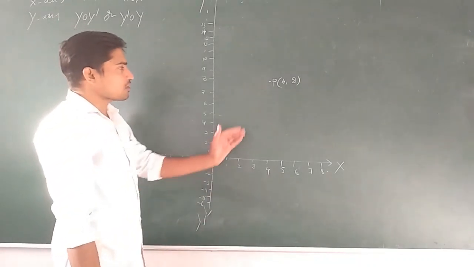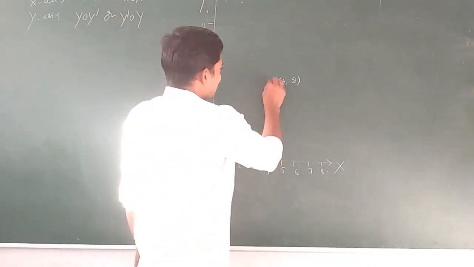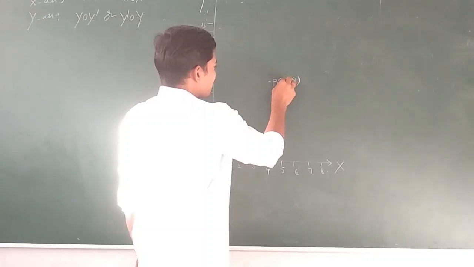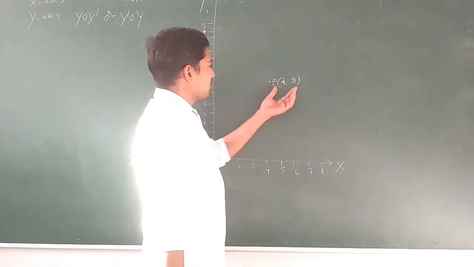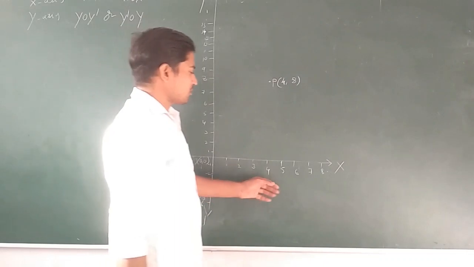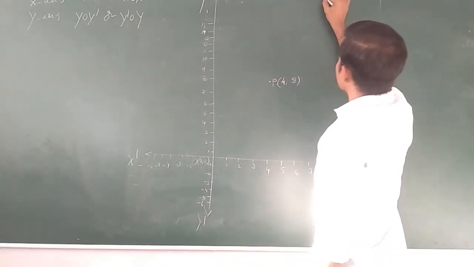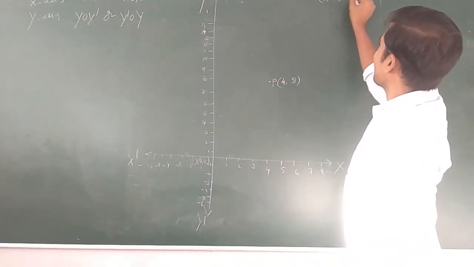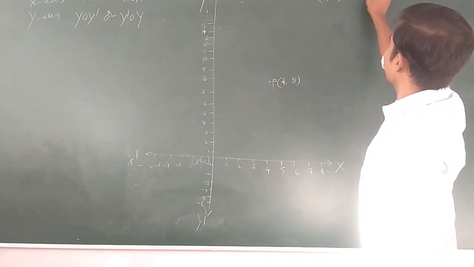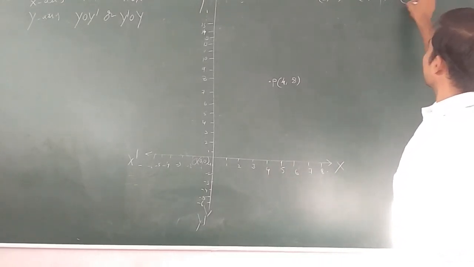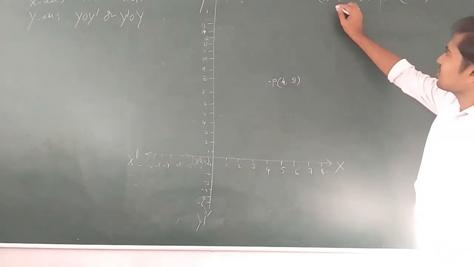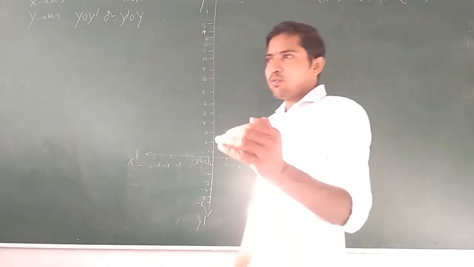That means the first one will represent some points. Take, suppose, (2, 3), (2, 5), (7, 8), (9). Such points are called points.